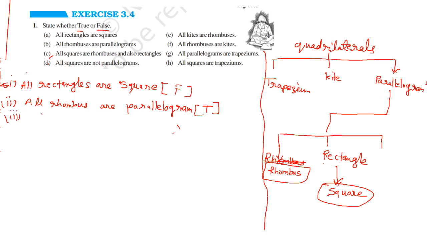Third one, C. All squares are rhombus and rectangle.